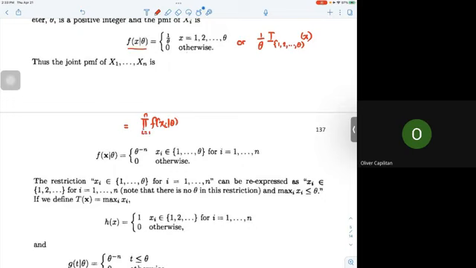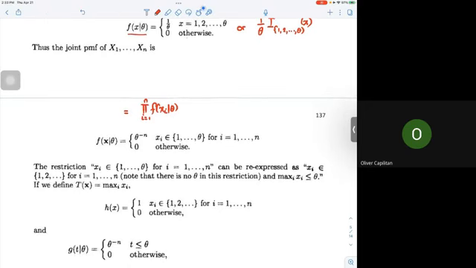That's by definition. And since the observations are IID, we have theta to the negative n, times the indicator of x sub i in 1 up to theta for i from 1 up to n, and 0 otherwise.